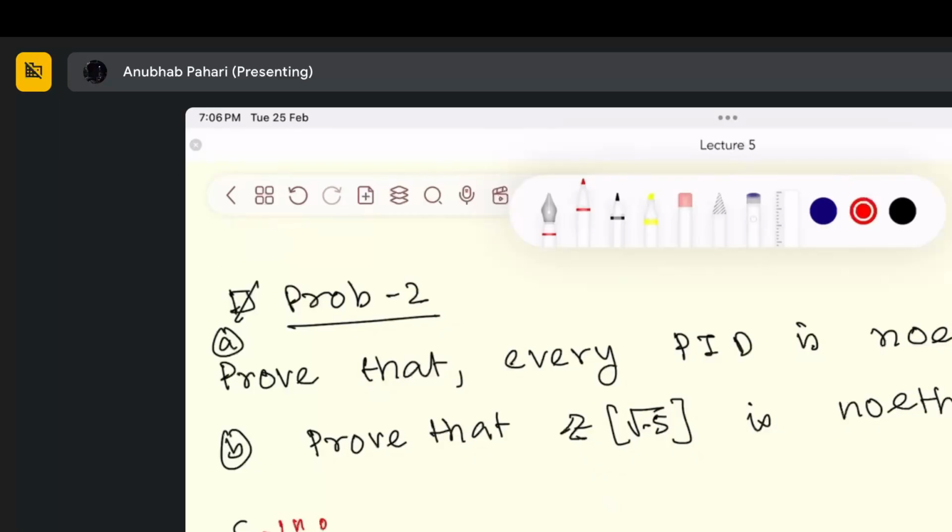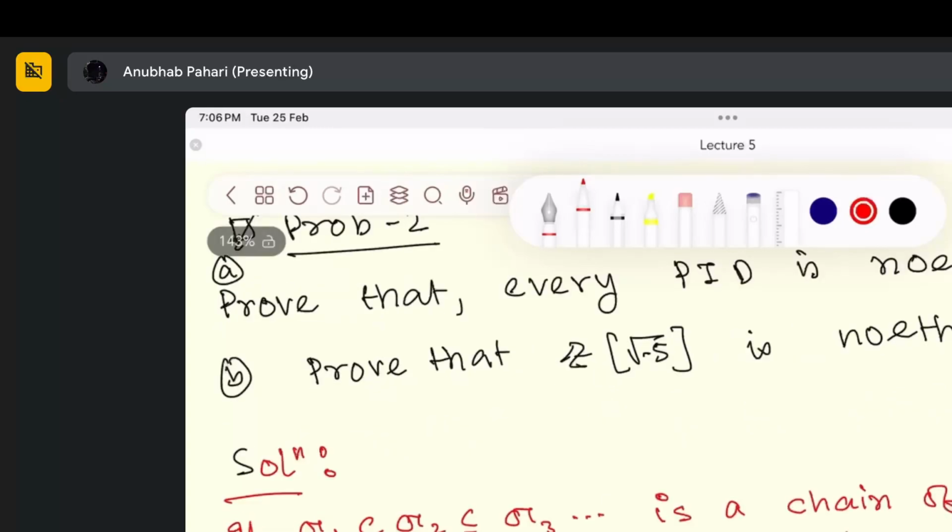Indeed, to see that it is closed under addition, note that if x, y belong to A, then x belongs to Ai and y belongs to Aj for some i, j.